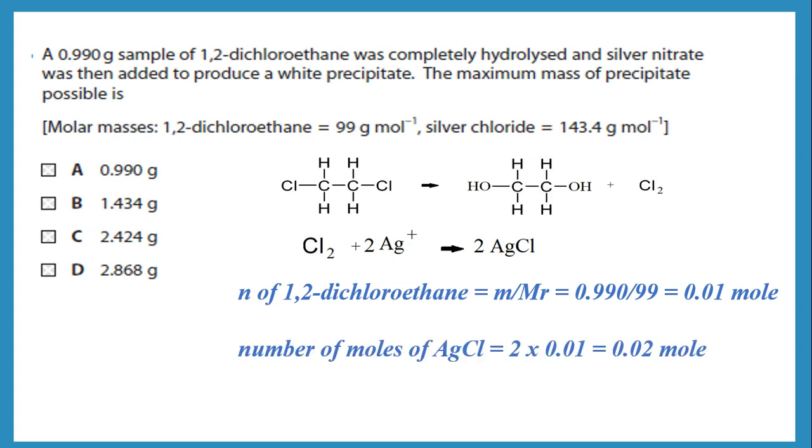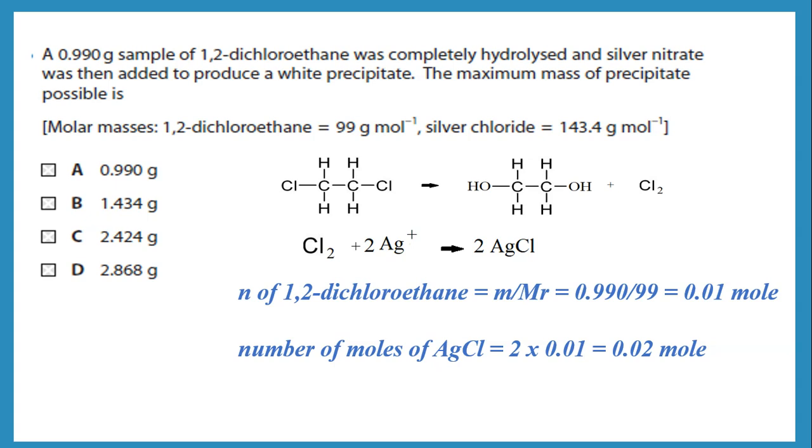Then, according to that equation, because I have 2 chlorines, I will need 2 moles of silver ions, which would give 2 moles of the precipitate. That means my number of moles is twice the number of moles of the compound.